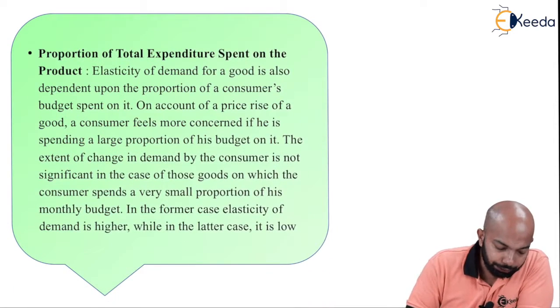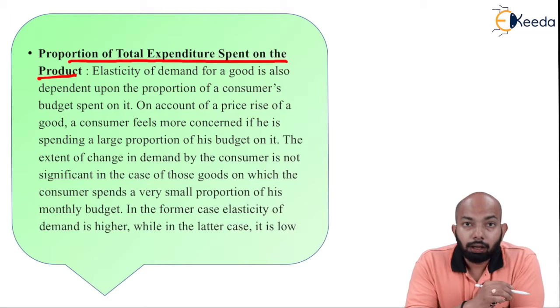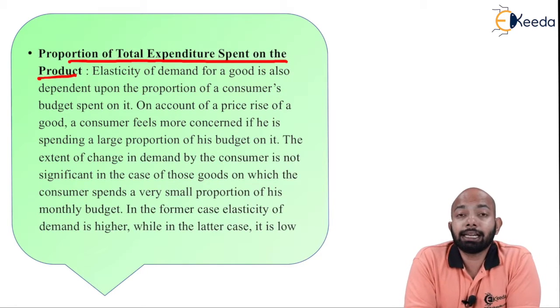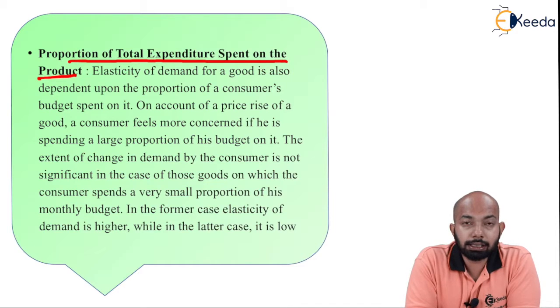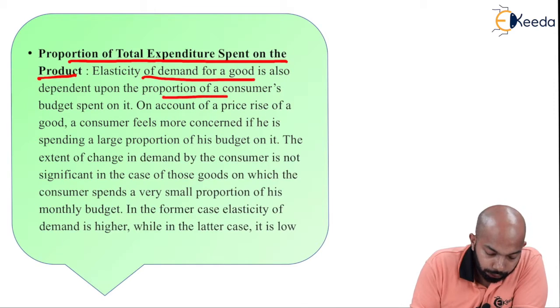Now, the next one refers to the proportion of total expenditure spent on the product. What is the expense that we incur in getting that product? This is the explanation. Elasticity of demand for a good is also dependent upon the proportion of the consumer's budget spent on it.